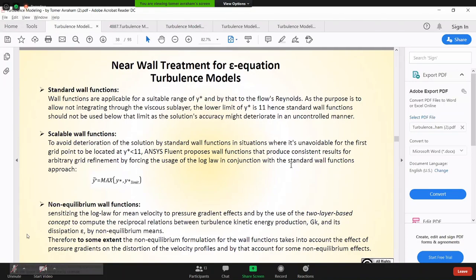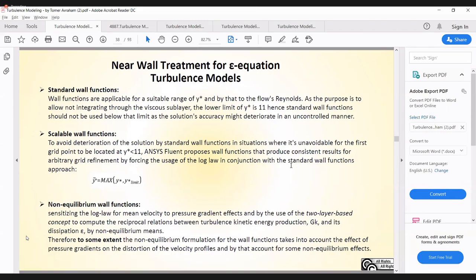The realizable model has three invariants, which ensure positivity of the stresses. So I guess there is sometimes that, and it's not specifically known as a high Reynolds model.